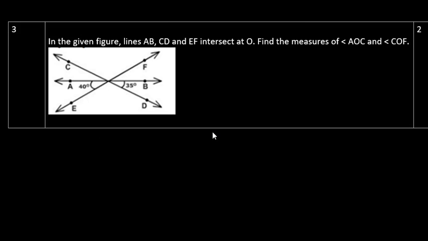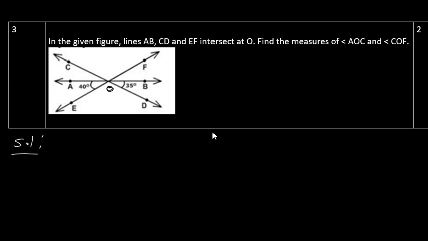Third problem. Now the problem is, in the given figure, lines AB, CD and EF intersect at point O. Find the measure of angle AOC. So you see angle AOC, this point is point O. Okay, we have to find angle AOC.